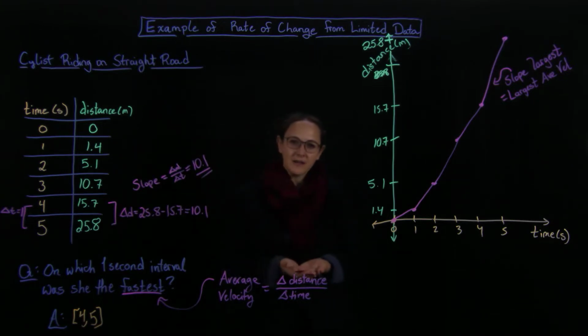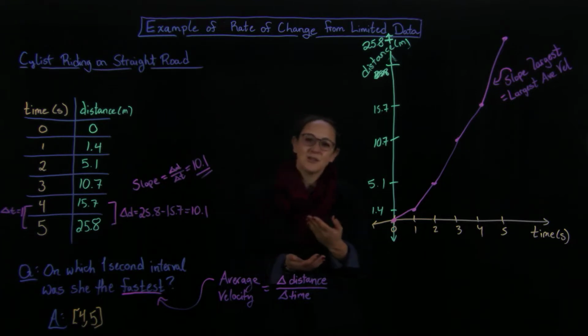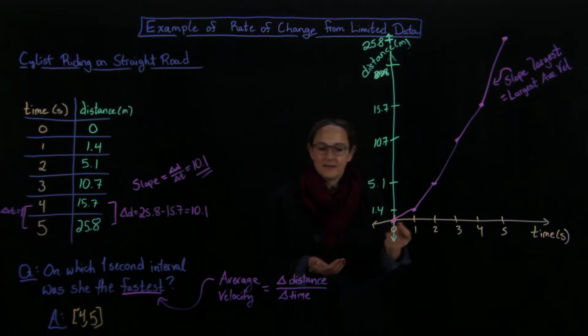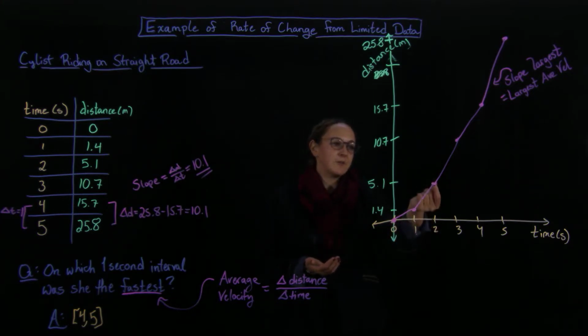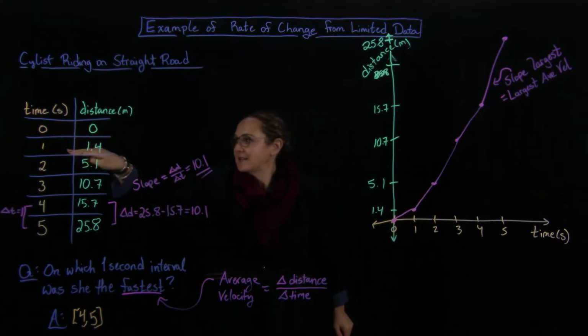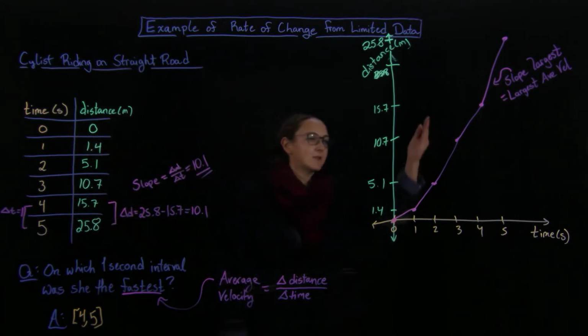I realized that when I'm looking for the fastest average velocity, I'm looking for the largest slope. So after 1 second I've gone 1.4, after 2 seconds I've gone 5.1. These points are coming from these lines here, so we're looking at distance as a function of time. It's another way to look at this.